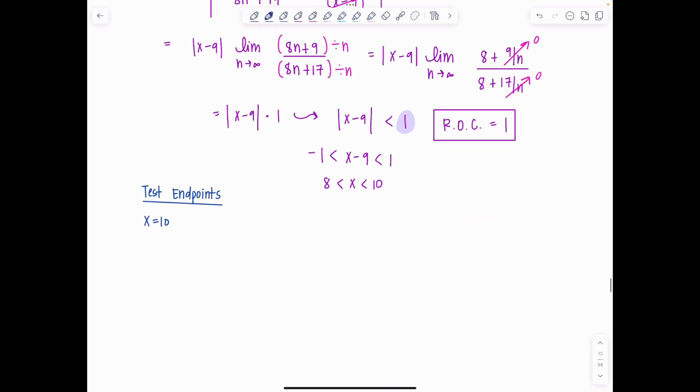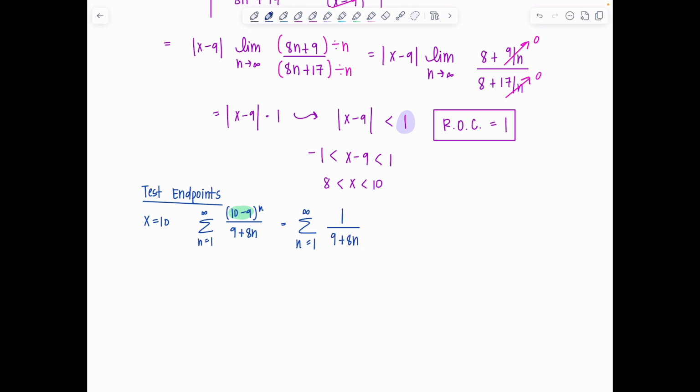So then we have now the sum, n equals 1 to infinity of (10 minus 9) to the n over 9 plus 8n. And this is just going to give me 1 to the n, which is 1. So I don't need to write 1 to the n. I can just leave it as 1. The sum, n equals 1 to infinity, of 1 over 9 plus 8n.